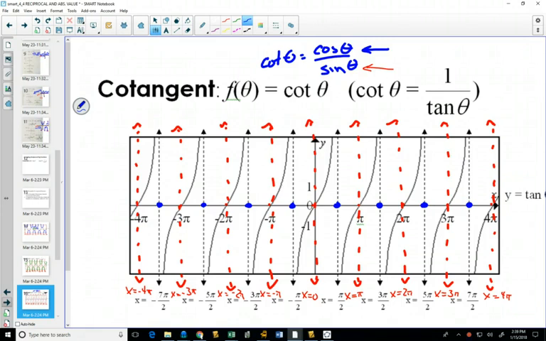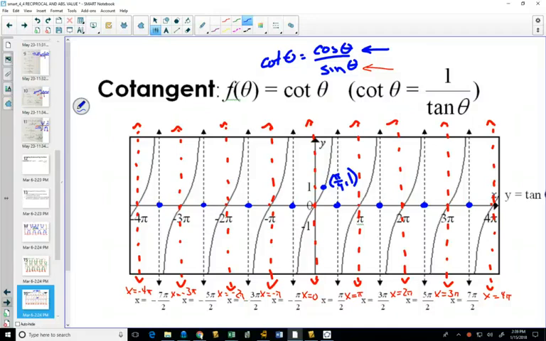Now hopefully you're not using a black pen, because it's going to get really busy, because we've got lots of asymptotes and we're going to have another graph going on top. But if we think about some nice points on tangent, what point is that on tangent? Pi over 4 comma 1.